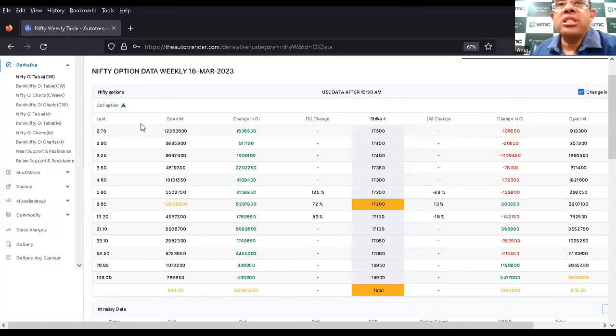What some people do is they give more importance to option analysis, and some people give more importance to future price action. But in derivative or quant analysis, we give proper equal weight to each segment.